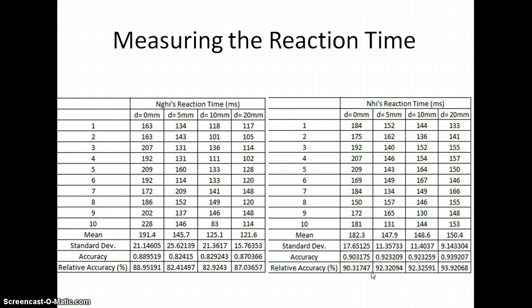For this girl, her relative accuracy is pretty high compared to the other three. The relative accuracy for the first column, which is 0 millimeter, is 90.317%. That's extremely high, but as I change to the other two, the D equal 10 and the D equal 20 millimeter strips, the relative accuracy gets better.